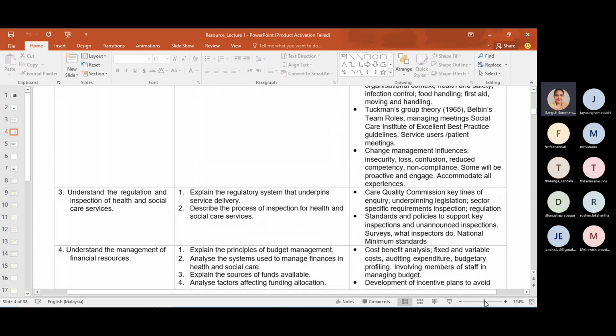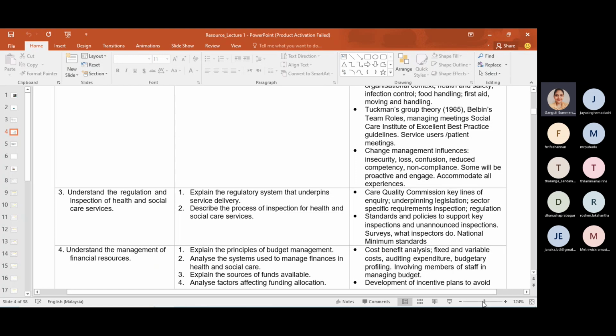Explain the principles of budget management, analyze the systems used to manage finances in health and social care, explain the sources of funds available, and analyze factors affecting funding allocation. You will learn about these topics under learning outcome 4.